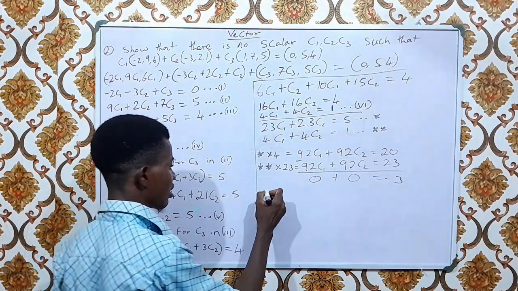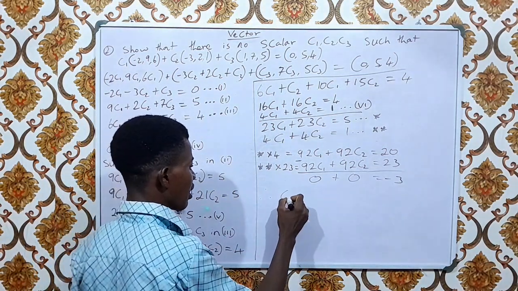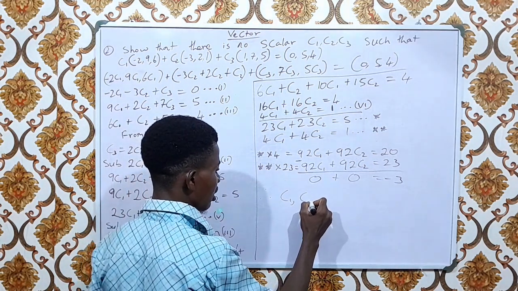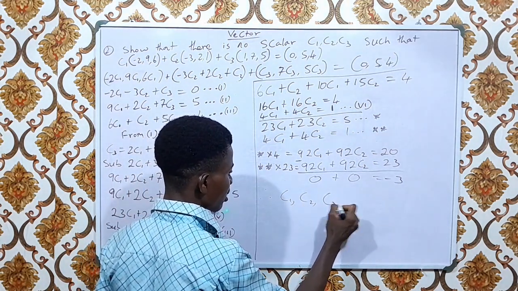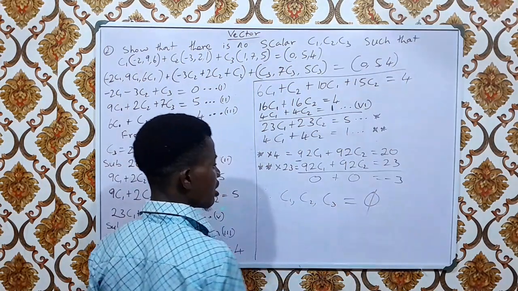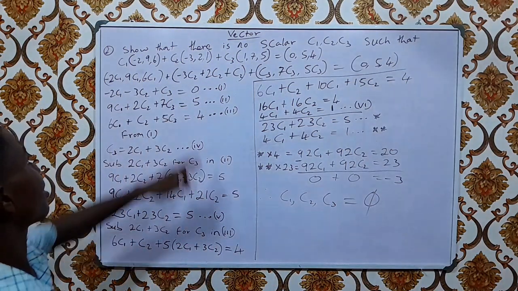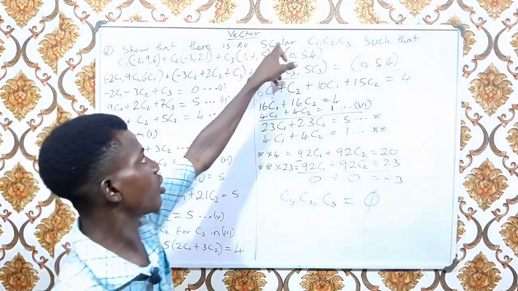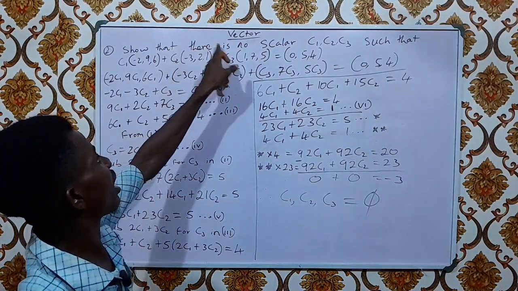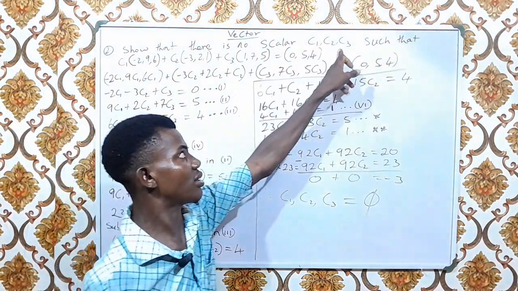Now this shows that we can conclude here that C1, C2, C3 is empty. That is, it shows that there is no scalar C1, C2, C3.